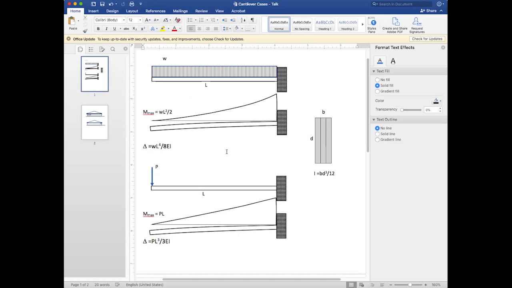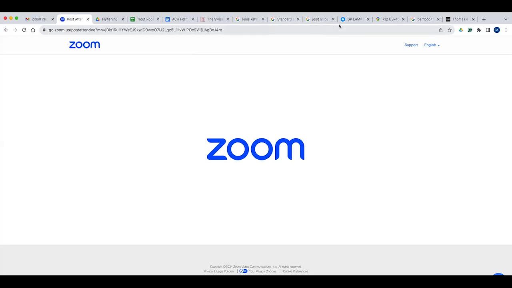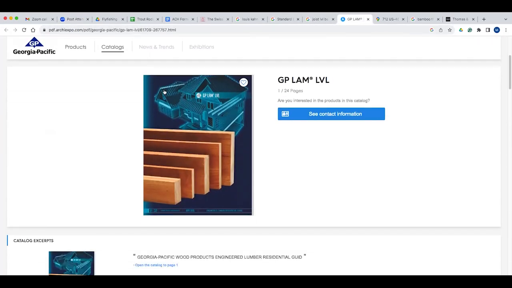So what had happened? Let me share another. So LVLs are these laminated beams. They're essentially a really thick plywood. And the layers are placed vertically, not horizontal like a standard glue-lam.